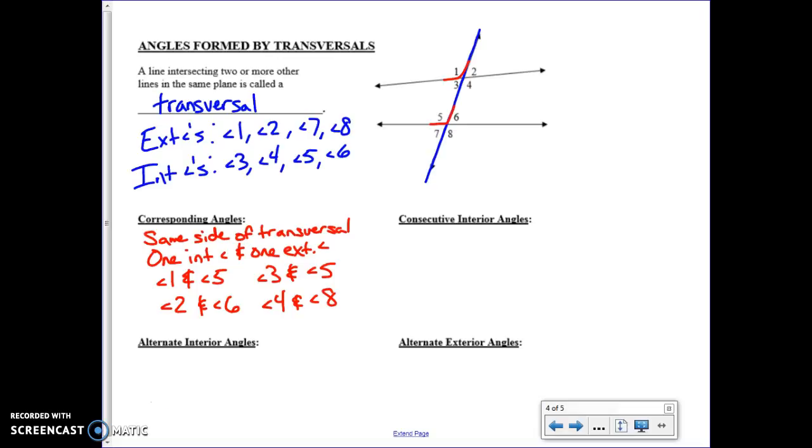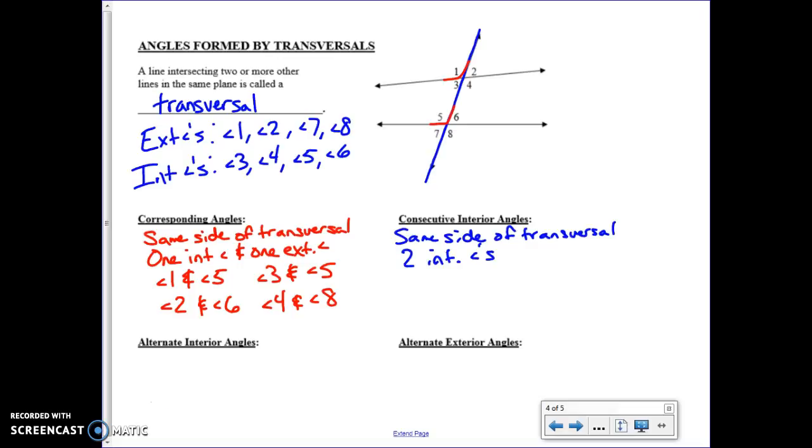Okay, consecutive interior angles. Consecutive interior angles are, again, on the same side of the transversal. But they're both interior angles. So 2 interior angles.